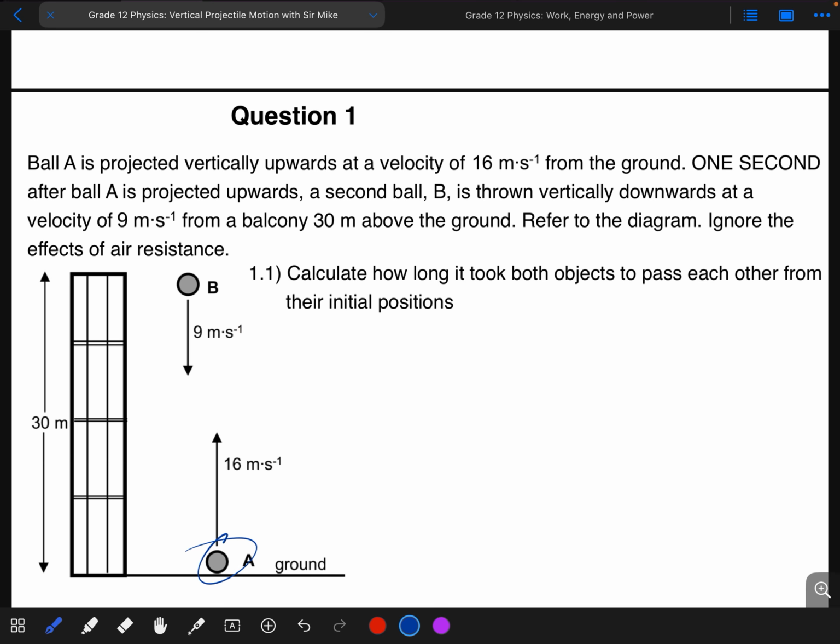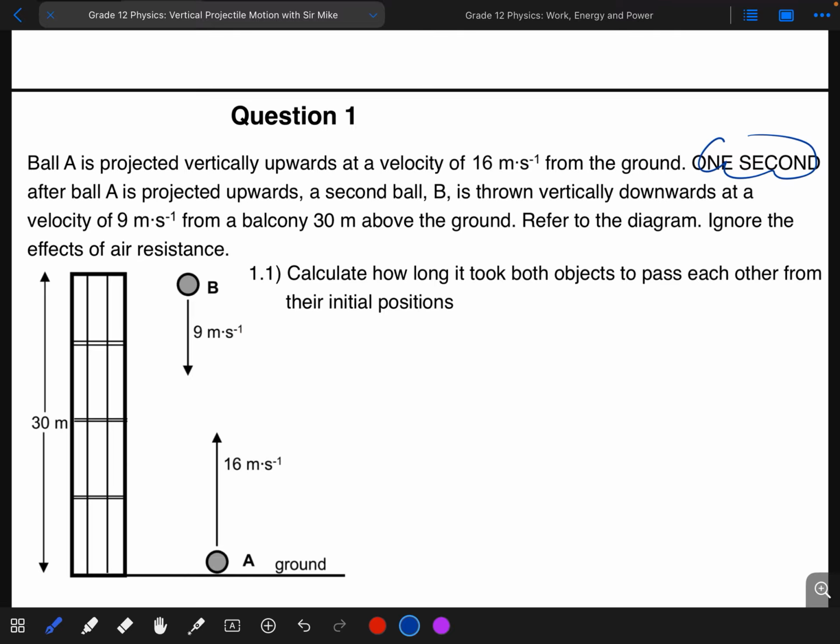And then they say that 1 second later, after ball A is projected upwards, a second ball, which is ball B, is thrown vertically downwards at a velocity of 9 meters per second from a balcony 30 meters above the ground. They say refer to the diagram, ignore the effects of air resistance.